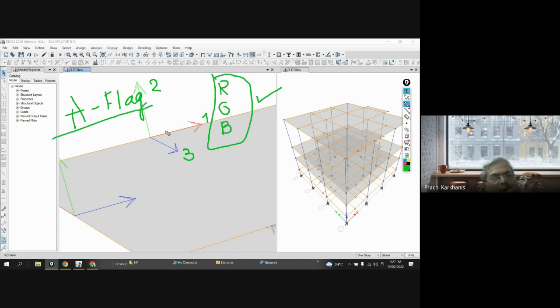And in that case, you will see red color, green color, and blue color. So red is for top, that's why it is 1. Second is green, that's why it is 2, and blue is 3.